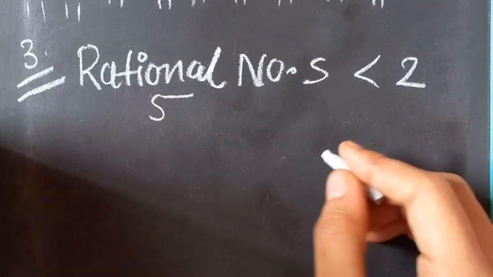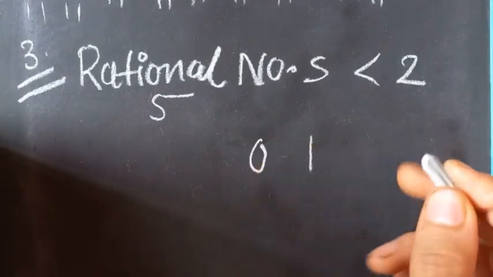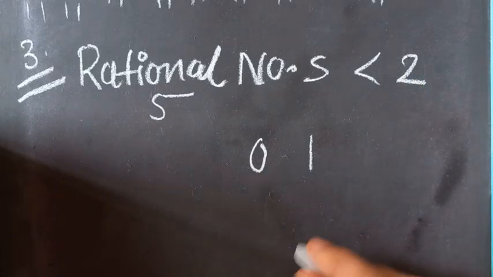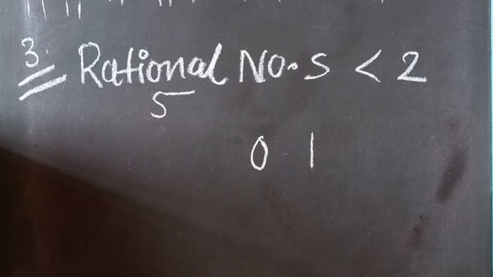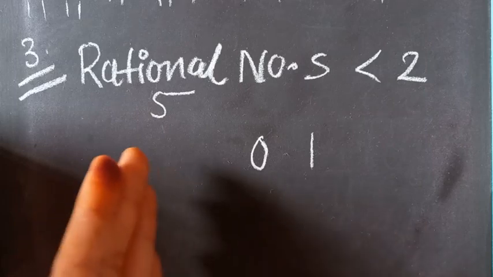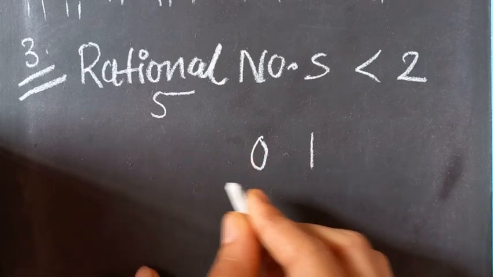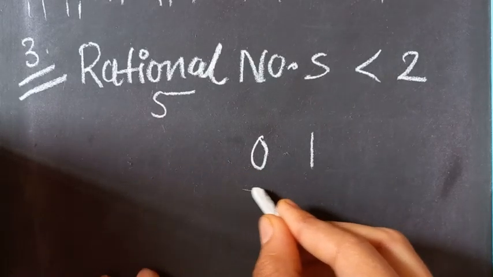There is 1, which is less than 2, and 0 is also less than 2. In previous standards you studied that negative numbers are always less than 0. So if we take any negative number, it is less than 0.